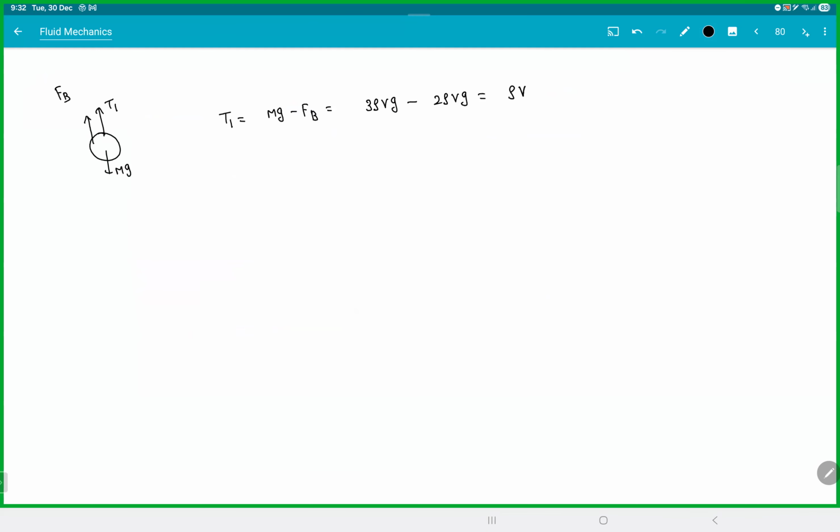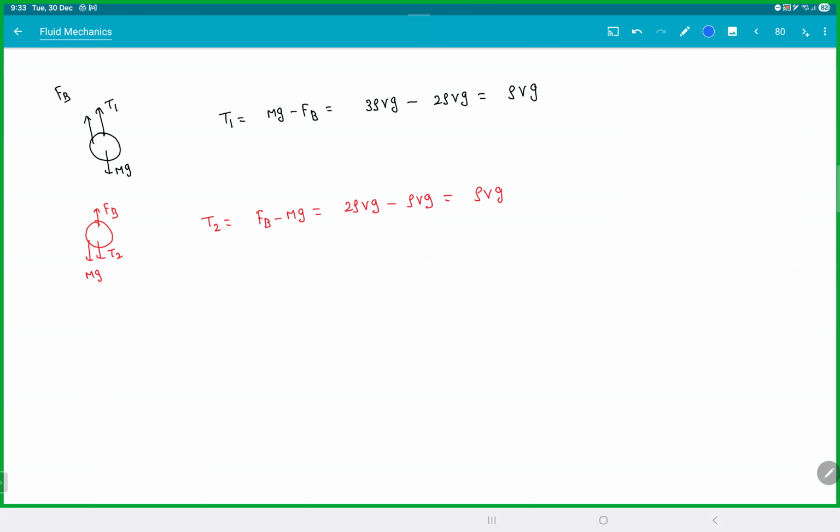That is rho Vg. Similarly, for this one, T2, mg, and Fb. Here T2 will be Fb minus mg, which is 2 rho Vg minus rho Vg. This is also rho Vg.